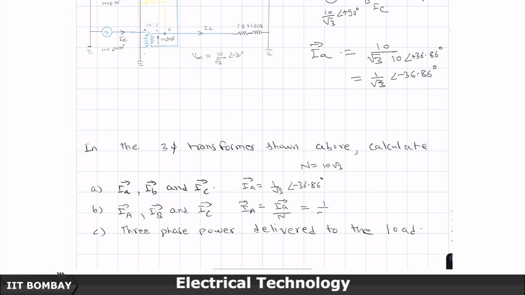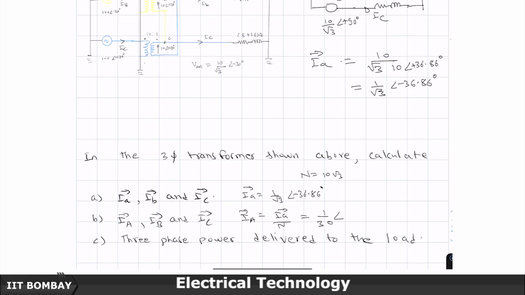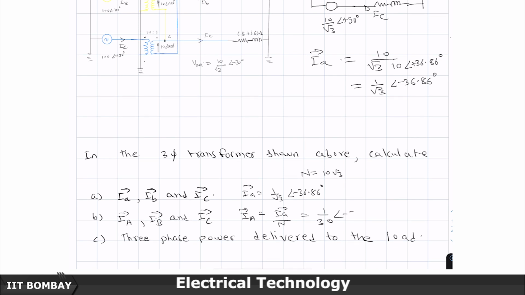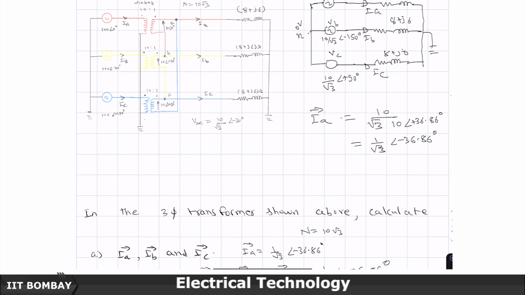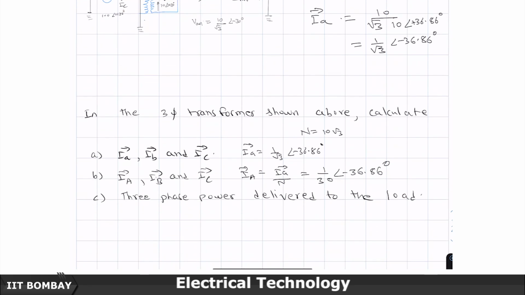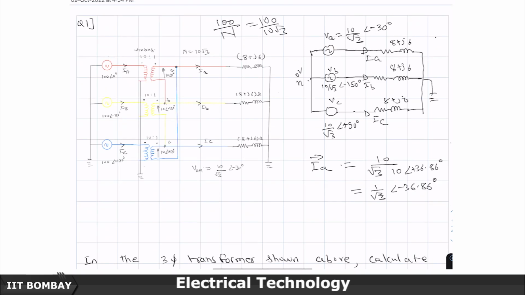So therefore 1 by 30, and the current angle is also going to be minus 36.86 degrees.